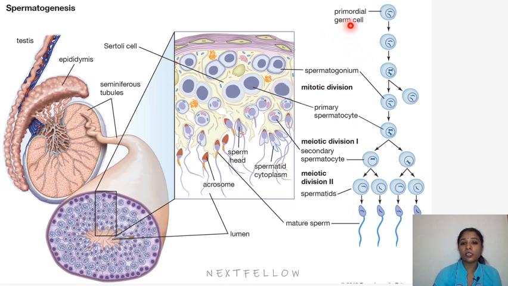And the initial stages of spermatogenesis take place within the testis or the seminiferous tubule.